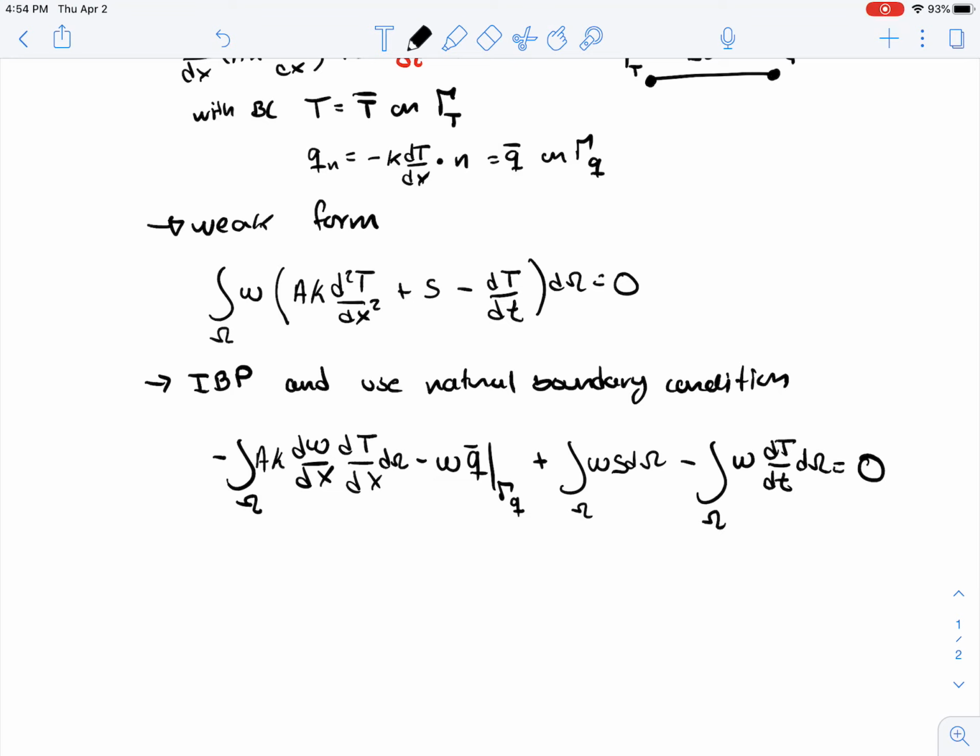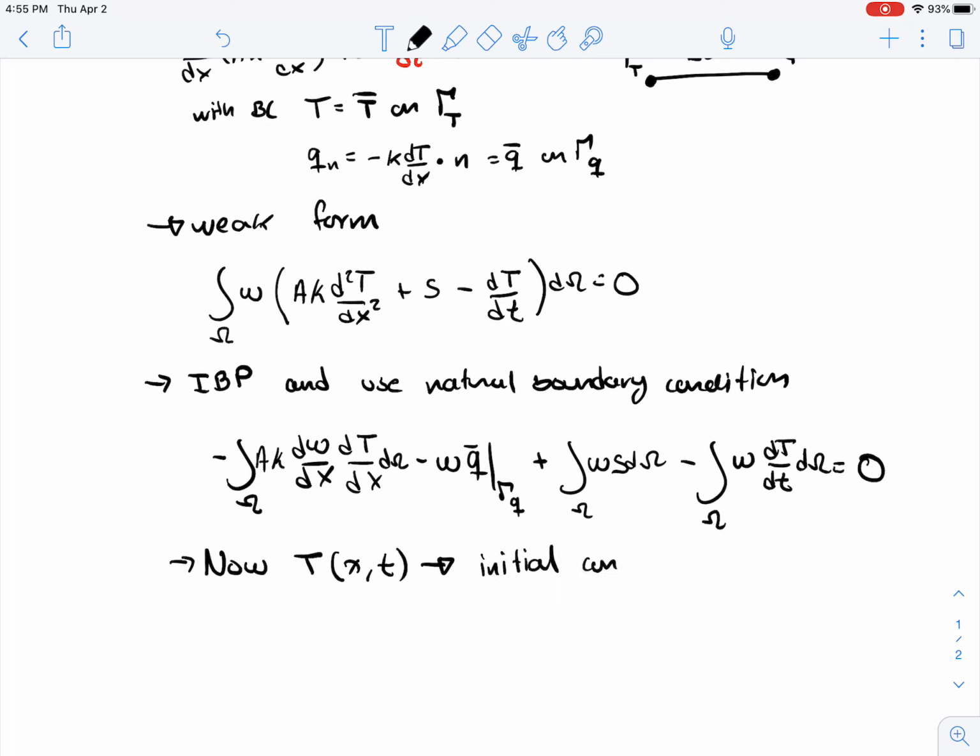Now this is a problem that changes in time. So now I need to find the temperature, but the temperature will change over time. So now I not only need the essential and natural boundary conditions, but I also need an initial condition, right? Now the temperature is a function of x, but also a function of time.